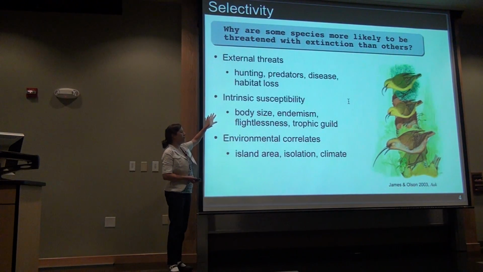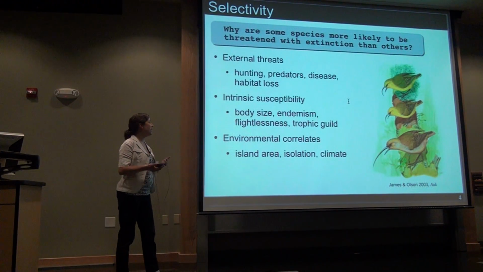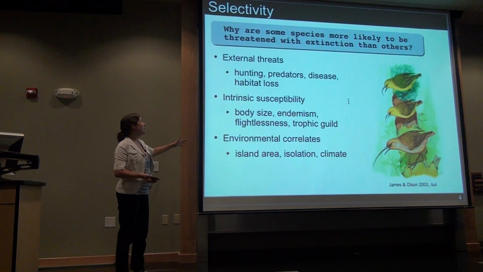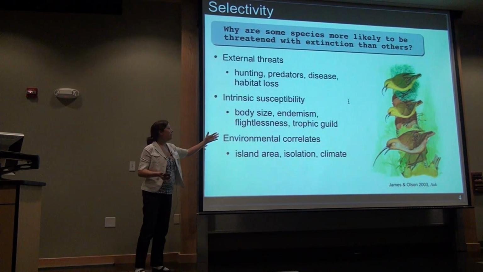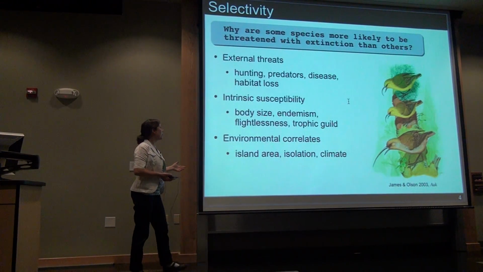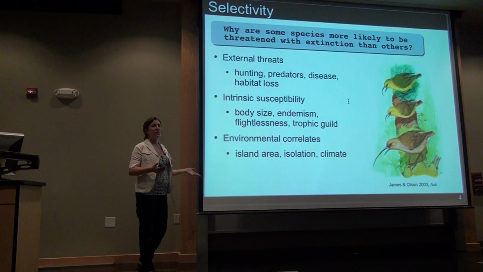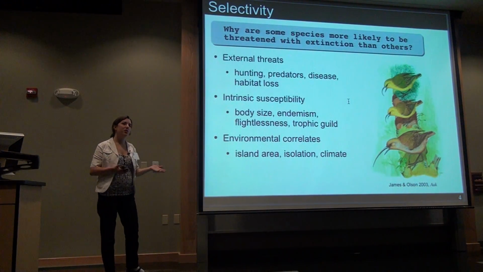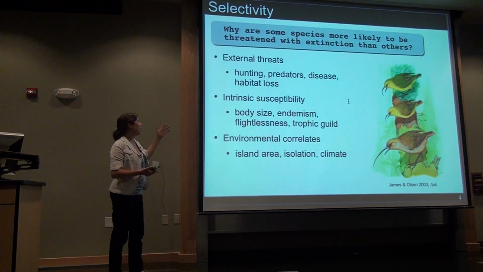However, a new, recently emerging area of research has been the study of the intrinsic susceptibility of species to some of these external threats. So perhaps body size or being endemic to an area, in case of birds being flightless, or the trophic level of a species can also be important in determining how they'll respond to external threats that are applied.